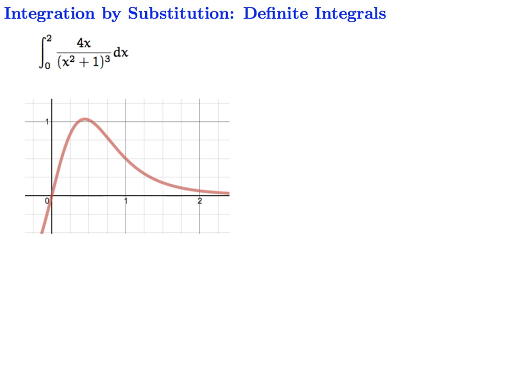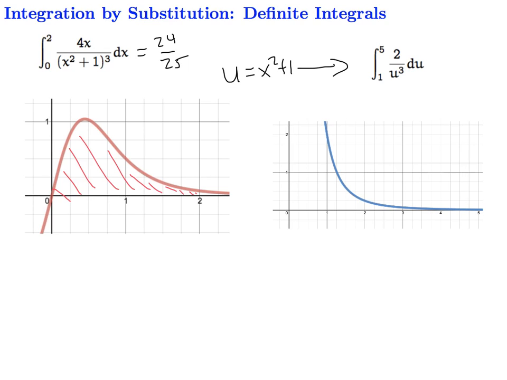So originally I wanted to compute this integral from 0 to 2, and I know that geometrically this would have given me the area underneath the curve here from 0 to 2, and when we did the computation we got 24 over 25. And by doing the substitution, u is equal to x squared plus 1, I sort of transformed everything a little bit.